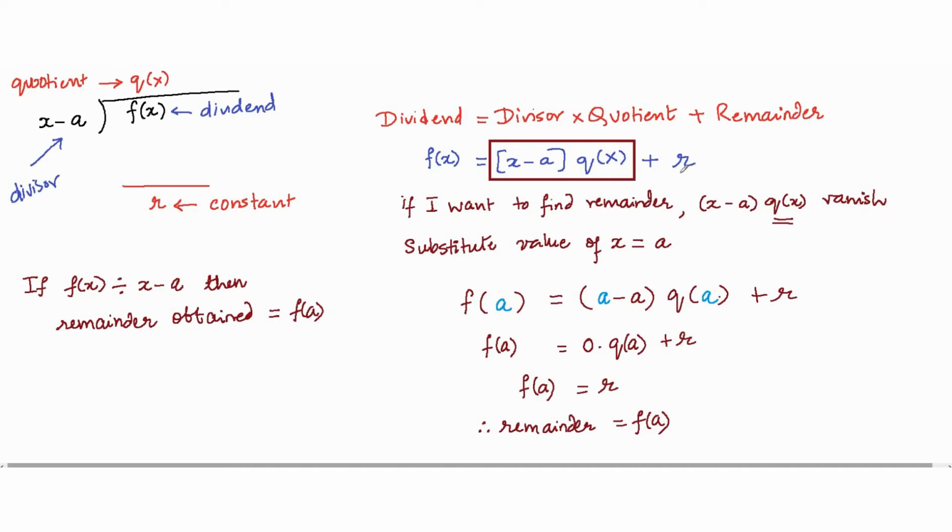And moreover, you will notice that r is independent of x. So r really does not depend on x. Substituting x as a over here actually makes this particular term vanish, which is why f of a becomes equal to r. So I will just pause for a minute so that you can take a look at the proof, and then we can continue with some questions.